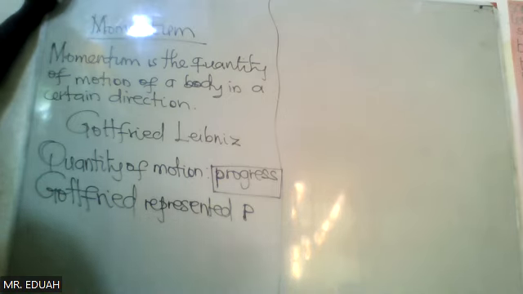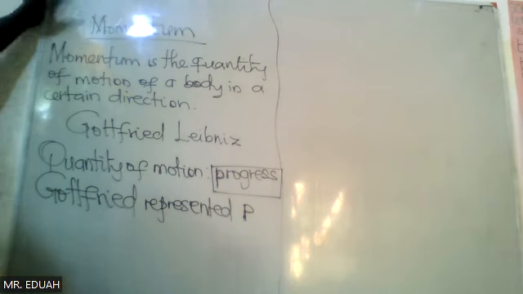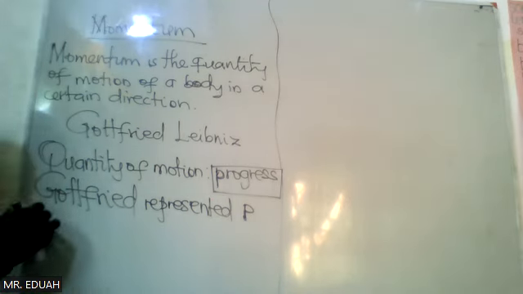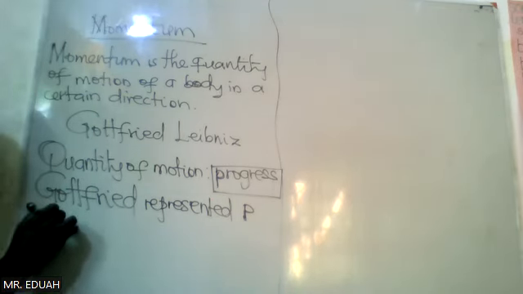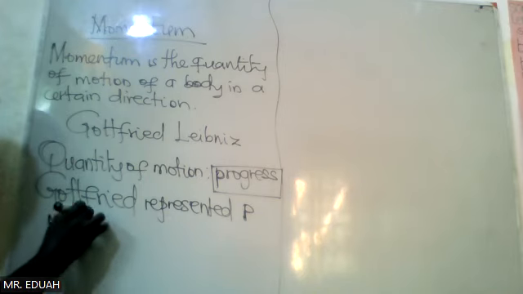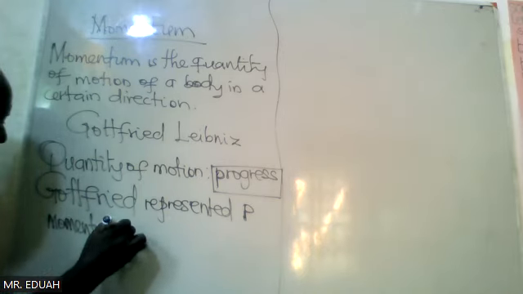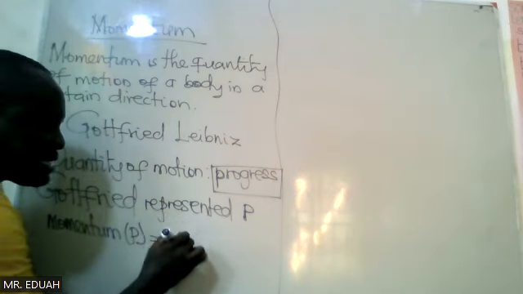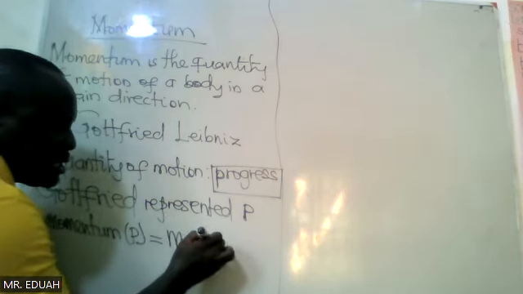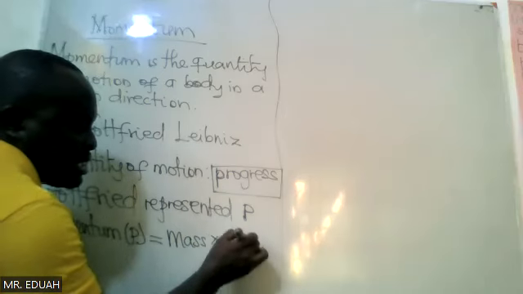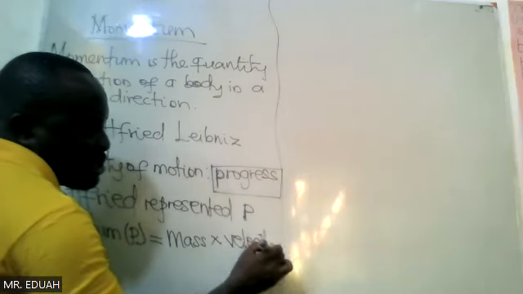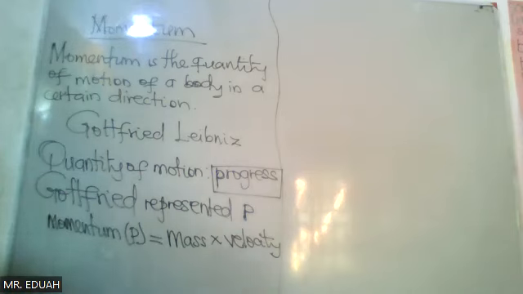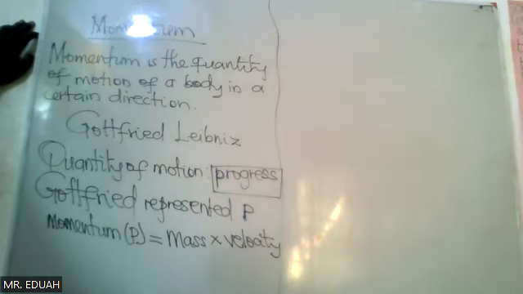Now, momentum is determined or quantified by the product of mass and velocity. P is equal to the product of the mass of the body times the velocity. So momentum is equal to mass times velocity.